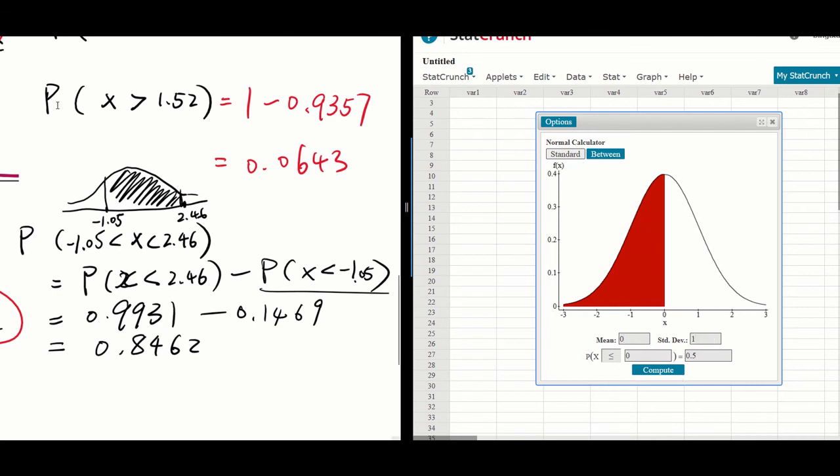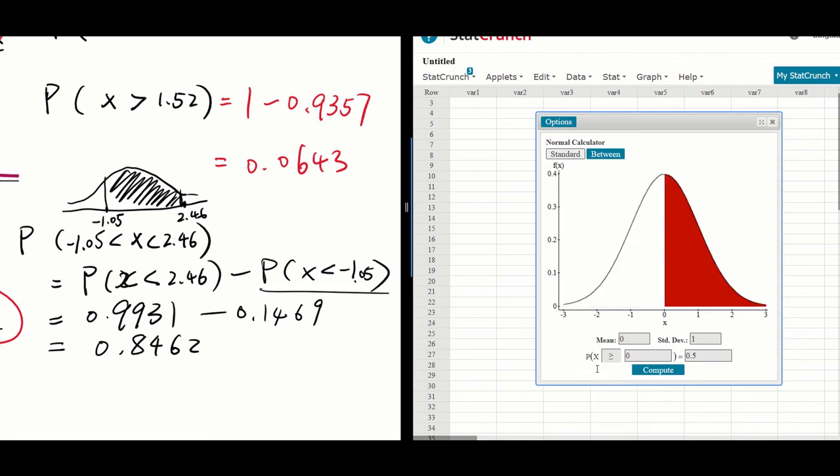Okay, so the first problem, the probability of x greater than 1.52. You will put greater than or equal to. Since this is a continuous random variable, one value will not change your answer at all.